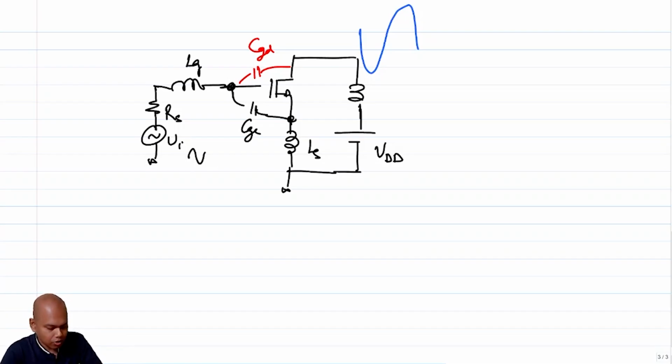Okay, so the problem with CGD is twofold. One is you have a kickback of the LO from the mixer to the input of the LNA, and two, it can effectively disturb the input match, right?